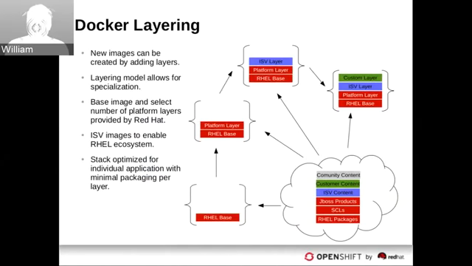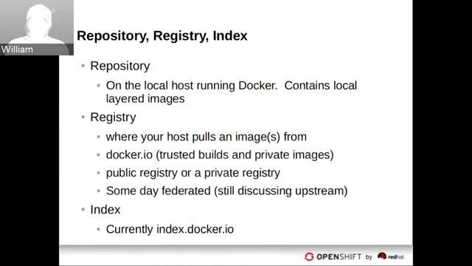Maybe it's an application on top of a database, or an application on top of JBoss, etc. Then they may have a custom layer of content, etc. So all these layers come in, and eventually you have your running container, which has all of these different products and components layered in on top of it.